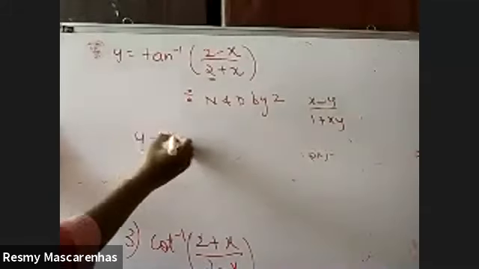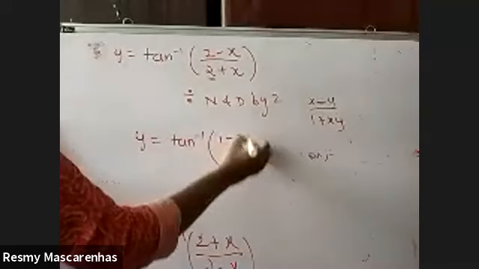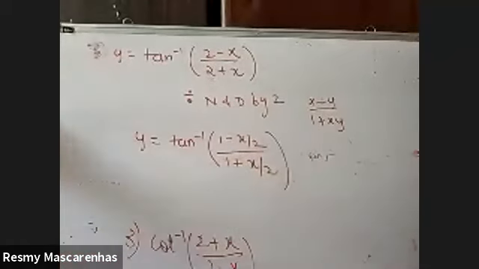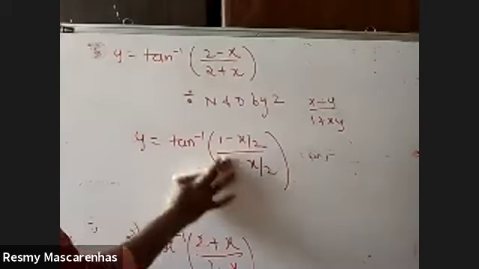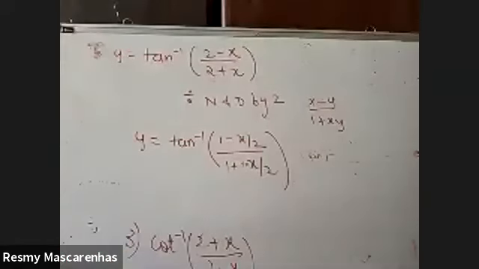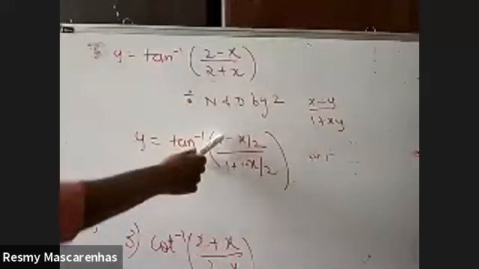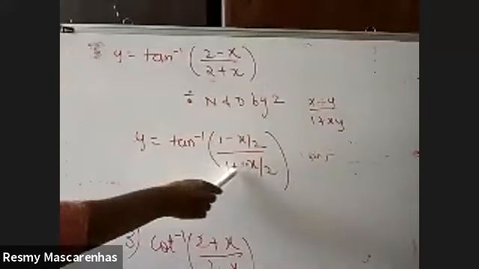So y will be (1 minus x upon 2)... If nothing is there, it means 1. Correct? So the x value is how much? 1. The y value is how much? x upon 2. So x minus y into 1 plus xy.